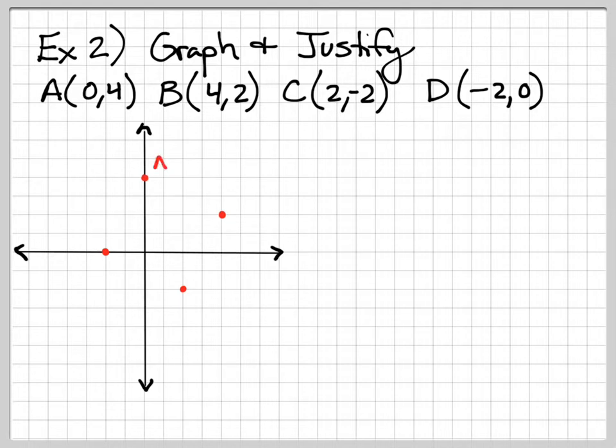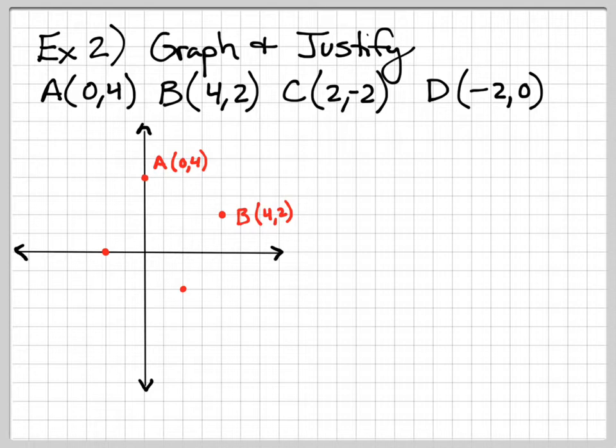So this point up here is A, and that's at (0, 4). Over here at B is the coordinate point (4, 2).